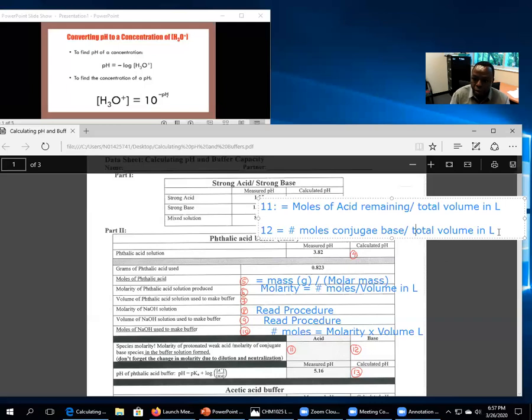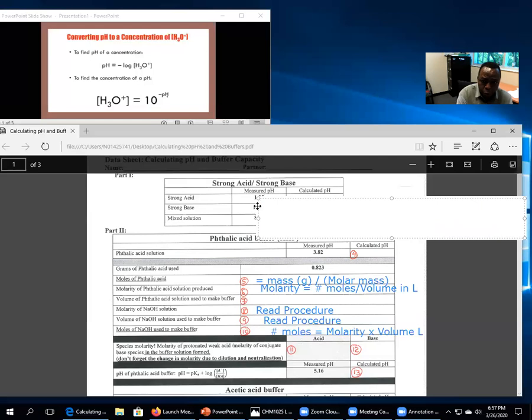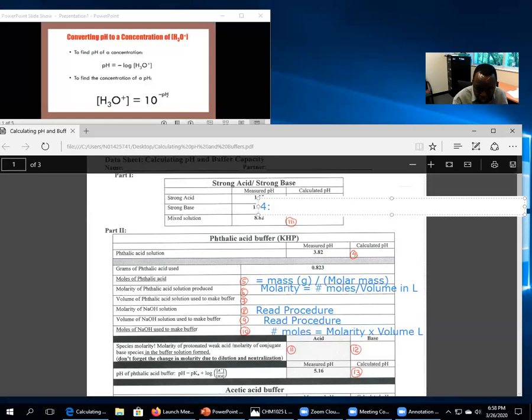So for line 4, let me go back to line 4. I'm going to delete this equation, or this setup right here, and go back to 4. Please write somewhere for line 4 here. I skipped that before we dive into number 13. For line 4, this is a weak acid.